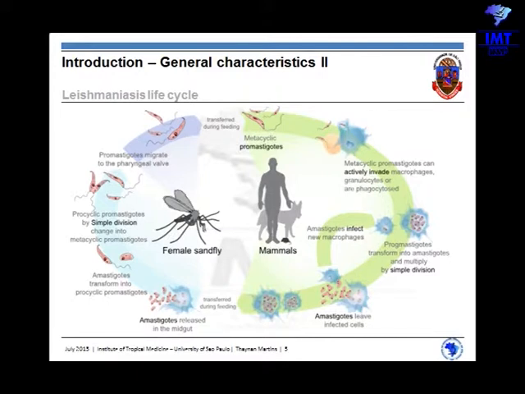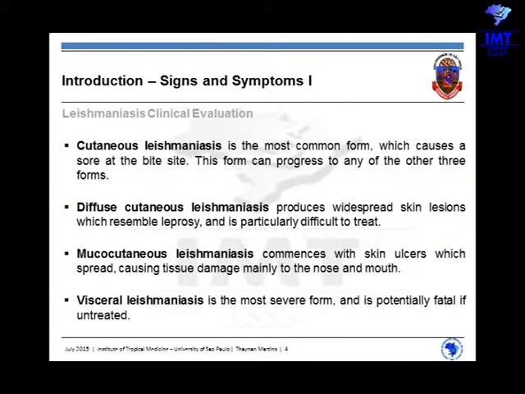and infecting another mammal. The human is the mammal that we are concerned about, and the dog is the urban reservoir of this disease. There are different types of Leishmaniasis: cutaneous and systemic. But I put here four classical forms of the disease, with their signs and symptoms. The cutaneous form, as you will see in the next slides, has a single skin sore.